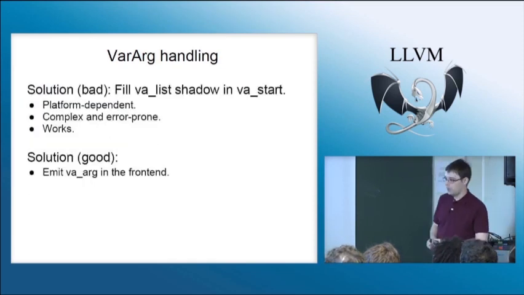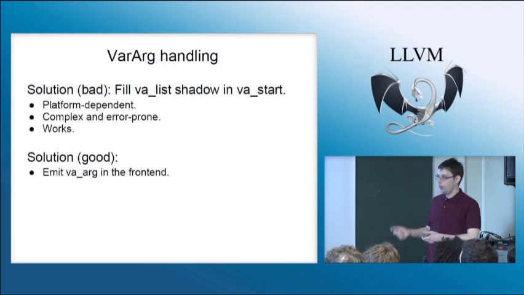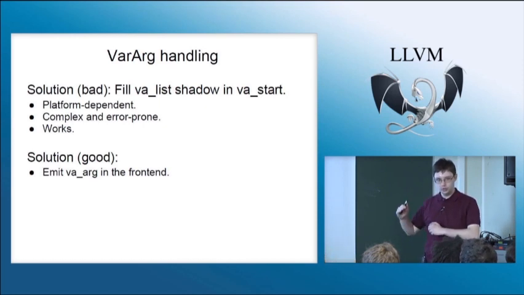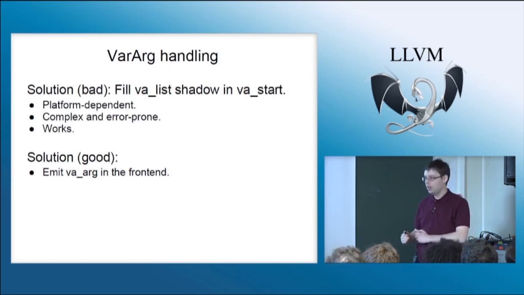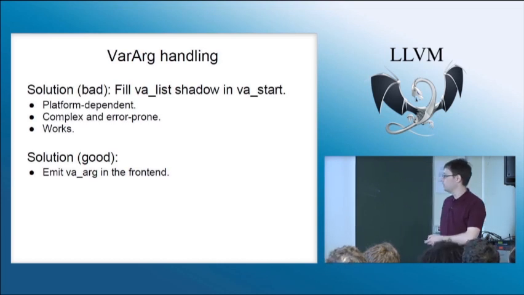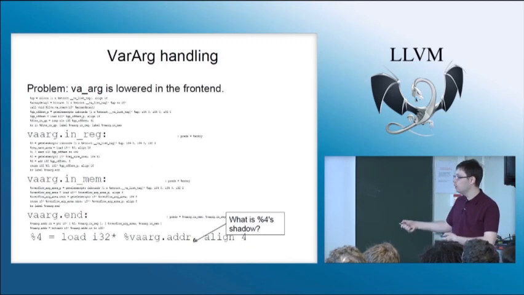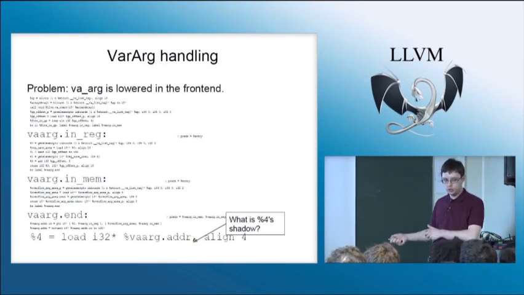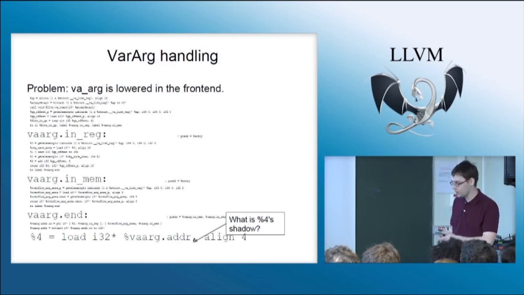For that, we've got to make a terrible hack, which is platform dependent. We instrument VAStart, and we prepare a piece of shadow that is in va_list format in such a way that all this code, when instrumented normally with MemorySanitizer, will extract the correct shadow for this argument.